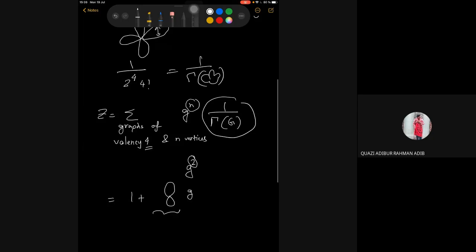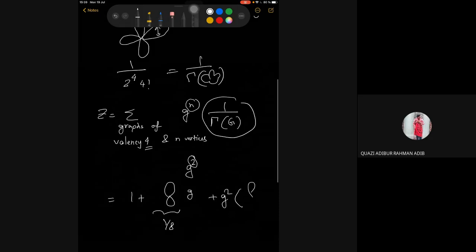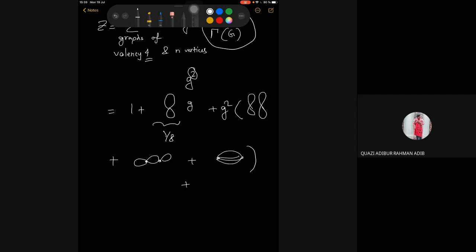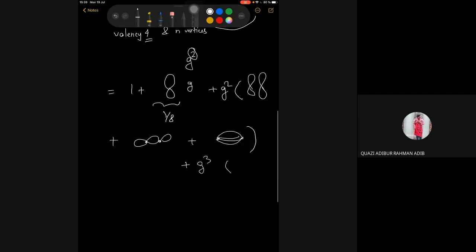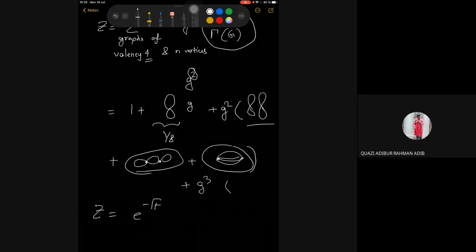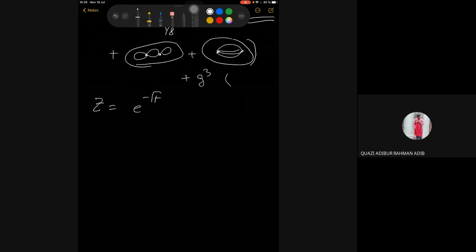The symmetry factor corresponding to this is 1/8, and for G squared, you have this, and so on. What I claimed is you can generate all these graphs from just connected ones, that is, connected with another vertex. These are disconnected ones. So I can generate all of my graphs just from connected ones.